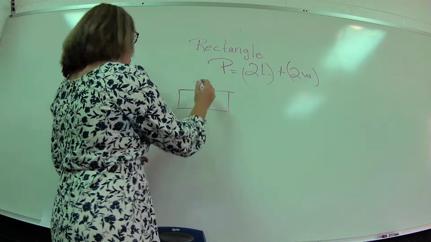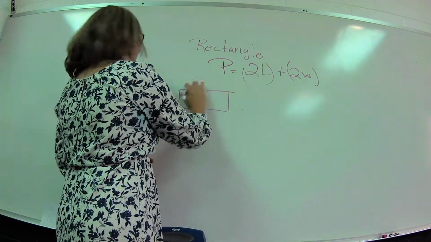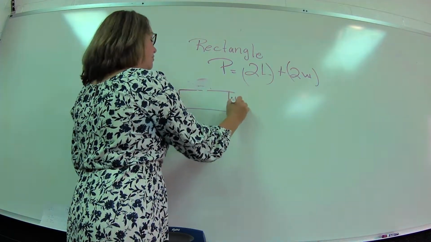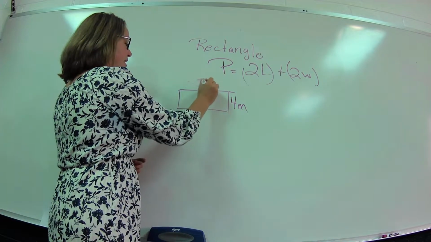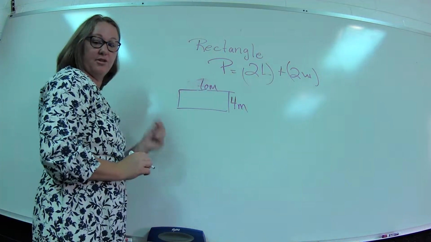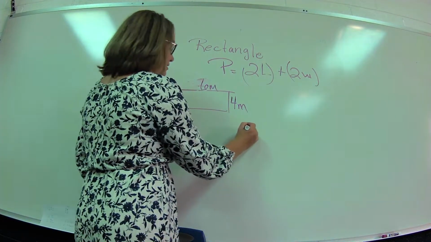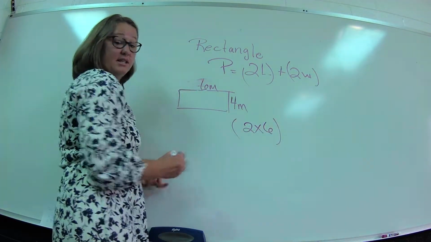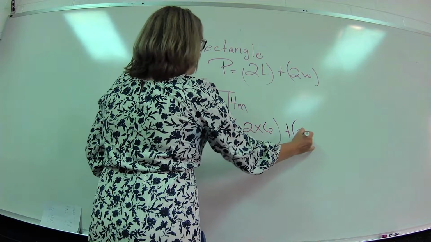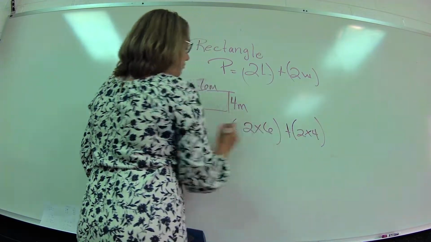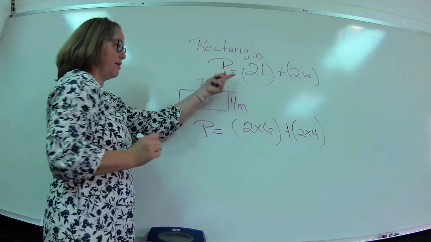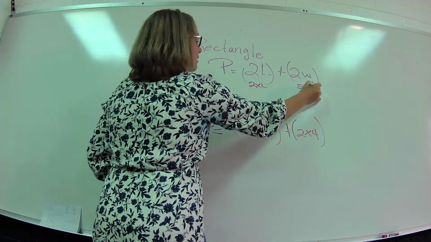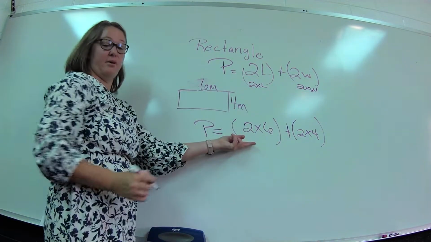What if we had 4 meters and 6 meters. So length is going to be 6, so let's do 2 times 6. I'll write it out this way this time. Plus 2 times 4. All right, so there's my formula. Here's my values.